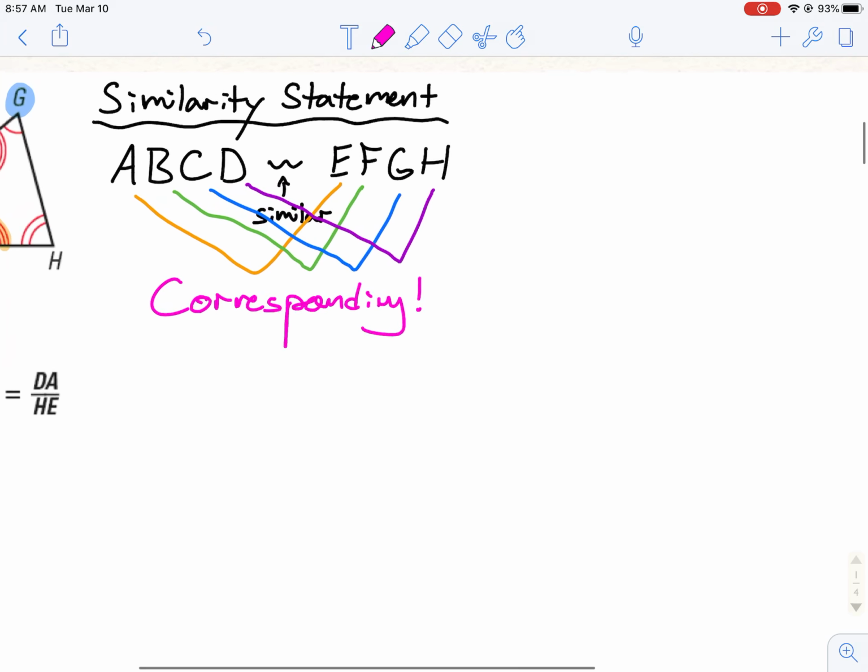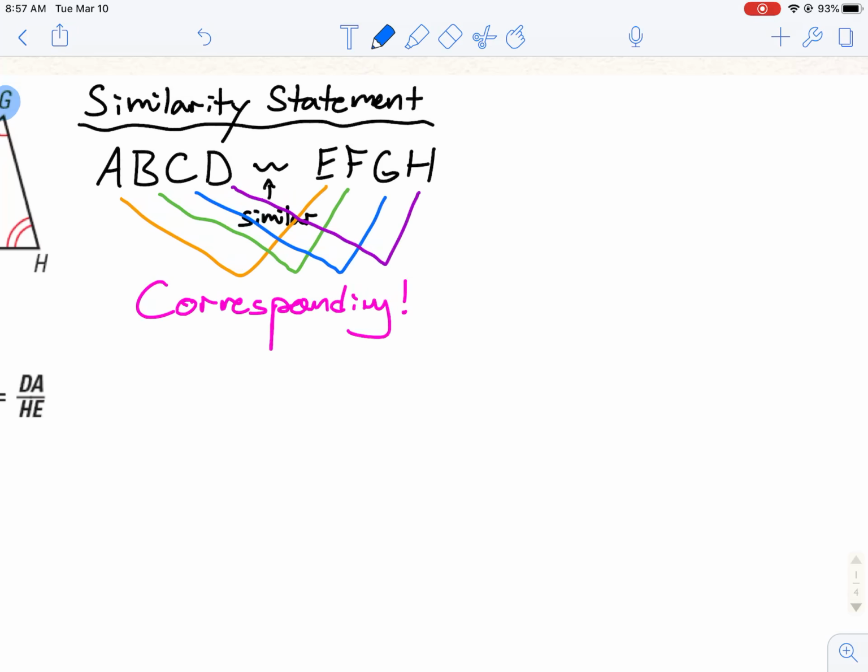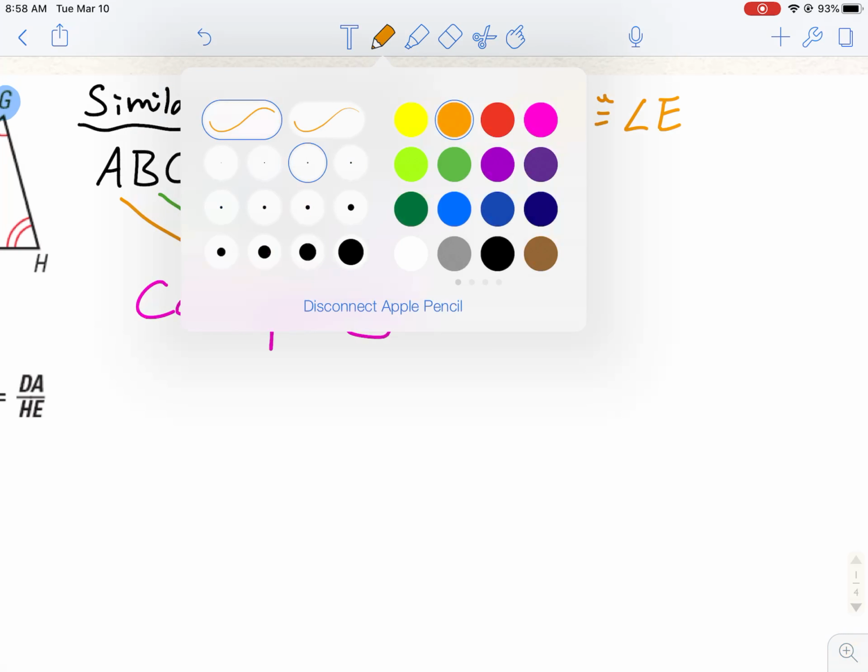Now, a little more of an extension off of this similarity statement. Let's say, for example, you were given a similarity statement. You could use that to figure out what angles are congruent to each other. So here, I can tell that angle A is going to be congruent to angle E, just based on the similarity statement.